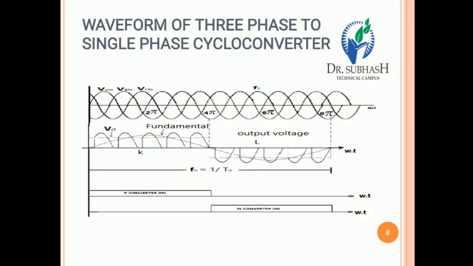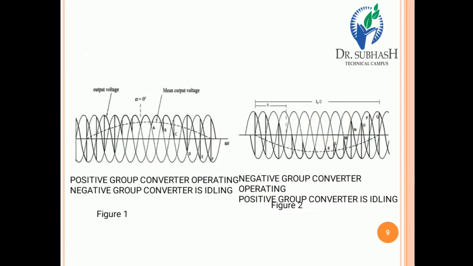First case, the positive half cycle, the P converter goes into the turn on condition, and during this period the N converter goes into the turn off condition. After reversing the cycle, the N converter goes into the turn on condition, while the P converter goes into the turn off condition. So here we have to see the two different figures.